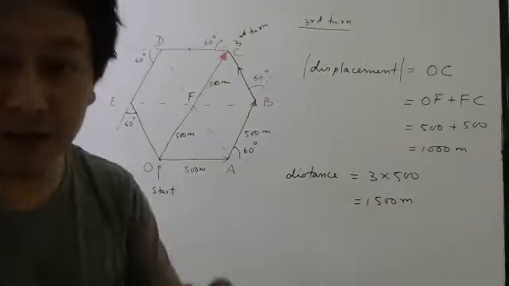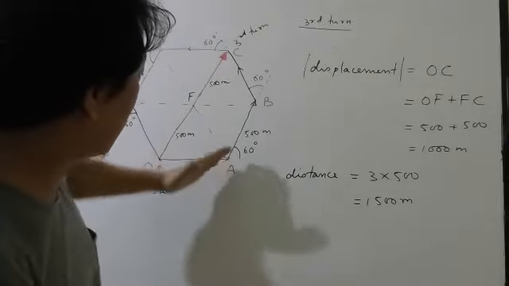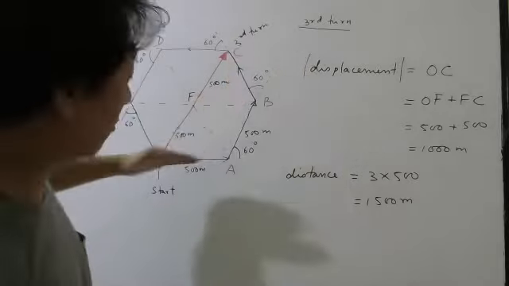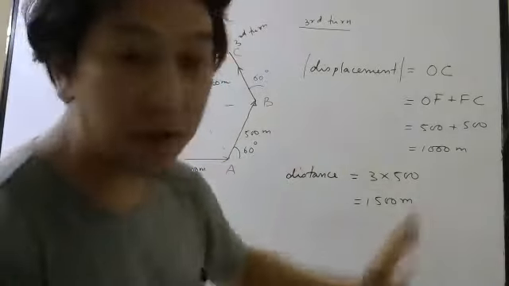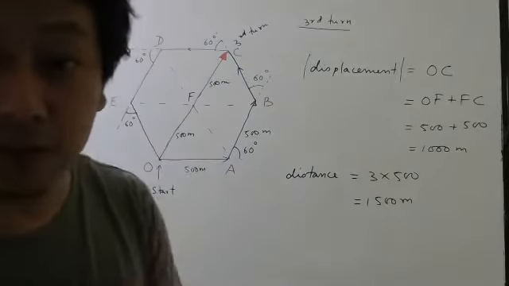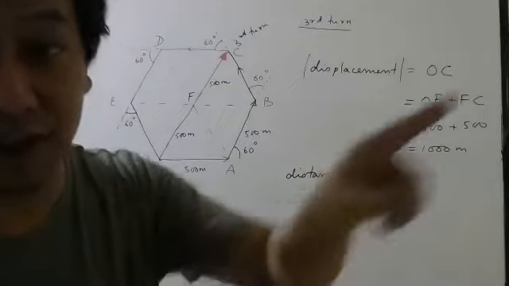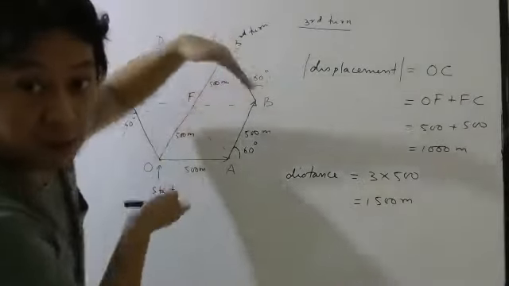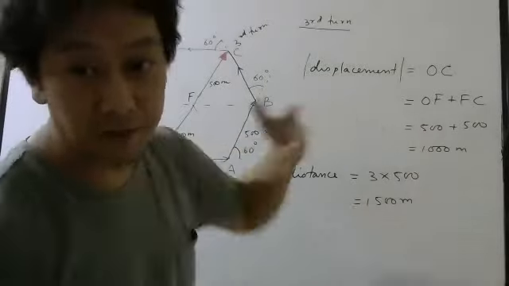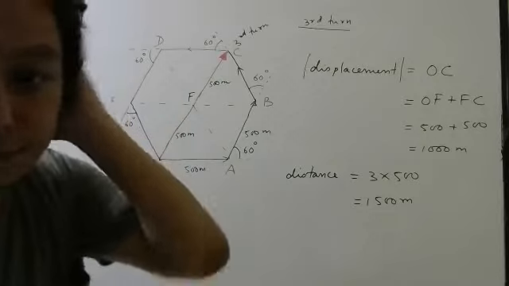Distance always means the length of the path. This is the actual path, this one and this one. Displacement is always from initial position to final position. You have to draw a vector, and the shortest distance of that vector is what we call the magnitude of displacement. Write it down. Done?